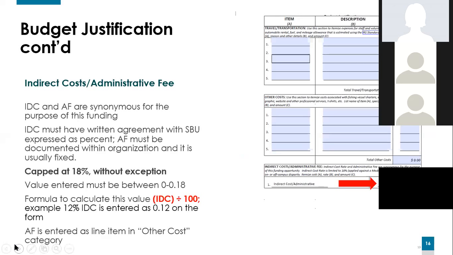Usually, an applicant who claims the IDC, the indirect costs, that applicant's organization must have a written agreement with Stony Brook University in order to claim this cost. Usually the IDC is expressed as a percentage.